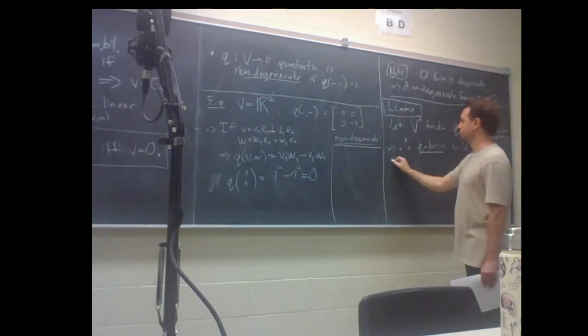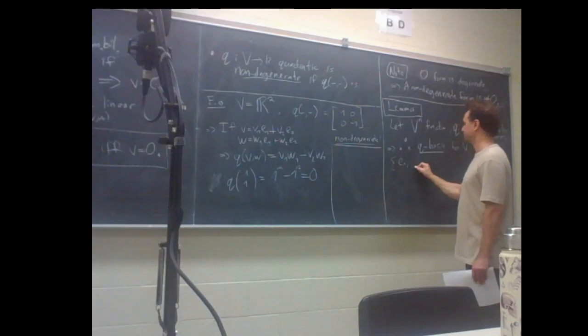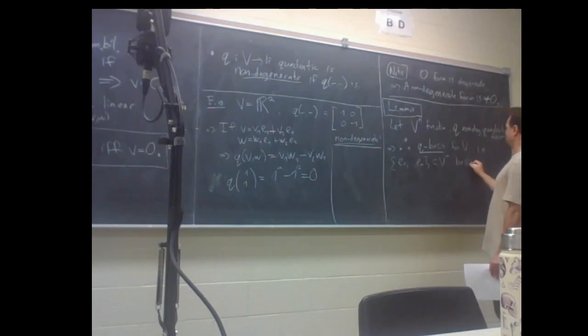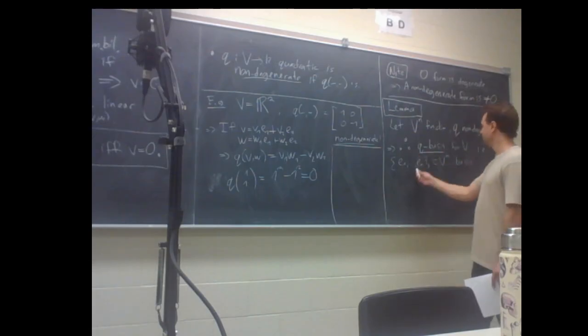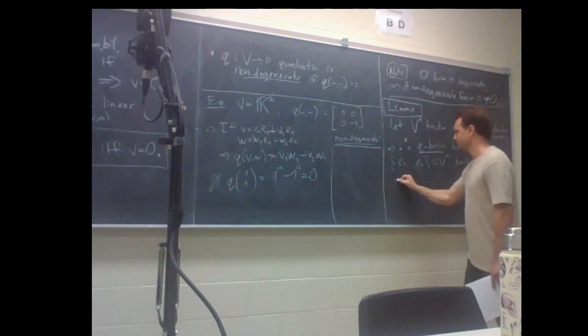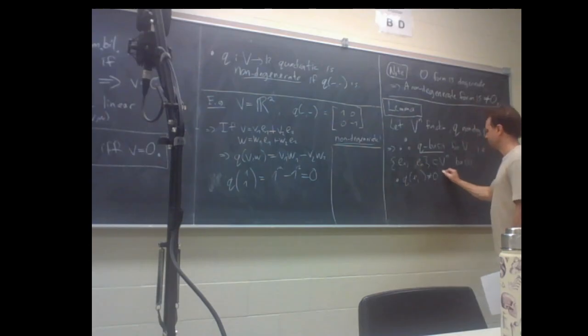What I mean by this is we have a set of vectors e1 up to en which are orthogonal with respect to the bilinear form for Q, and also give us non-zero values for each vector. So Q of ei is non-zero for all i.